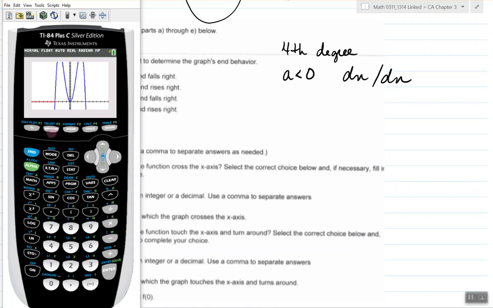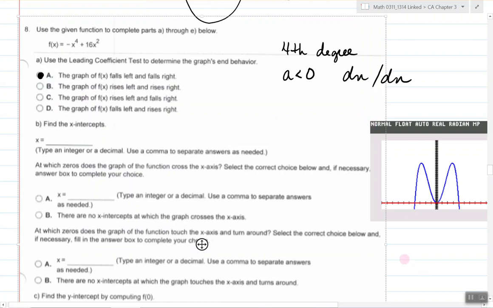I will go to Window again, and I will change it. This may be excessive, but I'm going to change it to 100. All right, this is the inverted W, and as soon as that finishes graphing, I will take it and put it here.